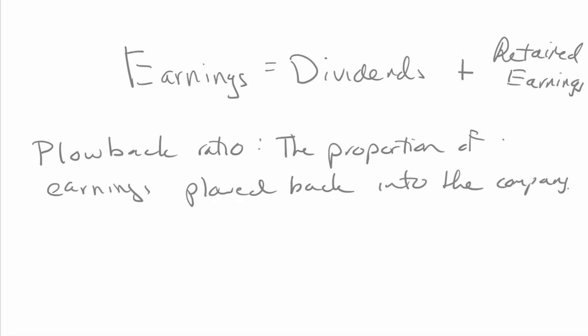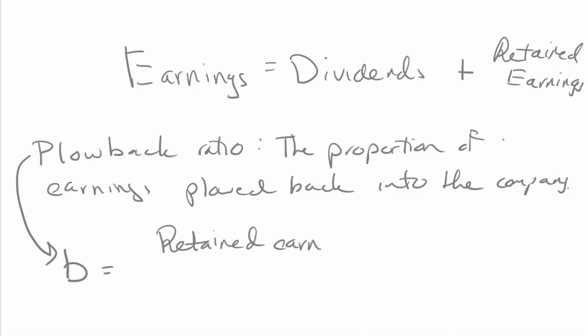The plowback ratio is going to be denoted B. So B, that's our plowback ratio, is retained earnings divided by total earnings.